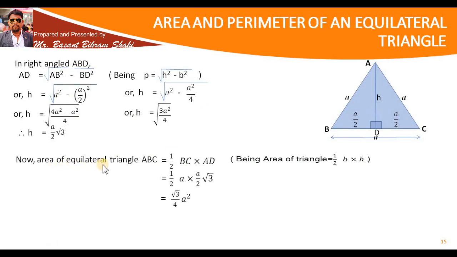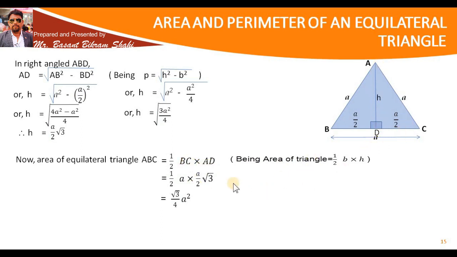Now area of equilateral triangle ABC. Here base is BC and height is AD. According to the concept of area of triangle, half into base into height. So half into base BC and height AD.